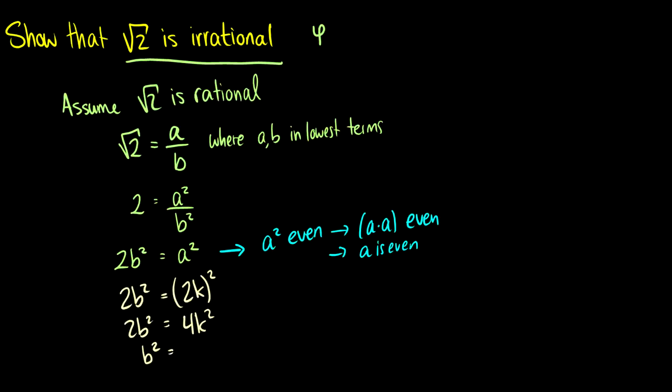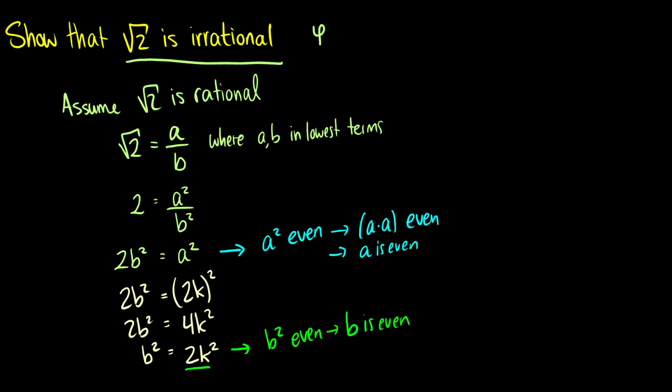So b squared is going to be equal to 2 times k squared. So what's the problem here? Well, now b squared is equal to 2 times some number, so we can say that b squared is even. From that, we can use the same reasoning and figure out that b is even.